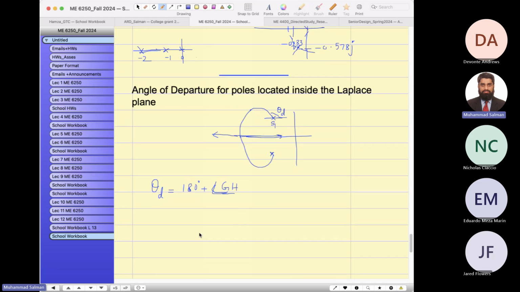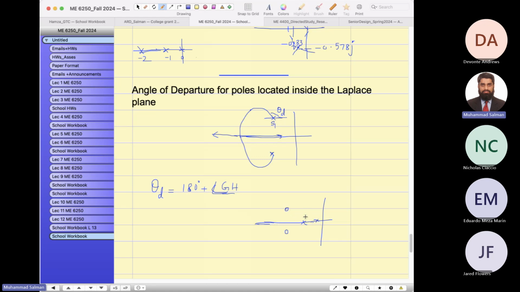Similarly, the angle of arrival: suppose my poles are located here, and the zeros are located inside the plane somewhere here.